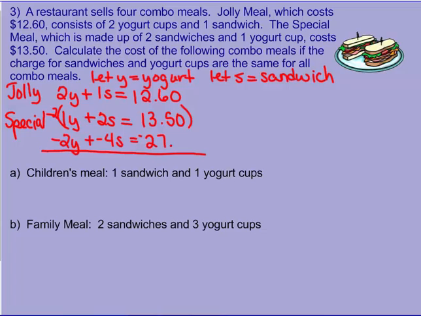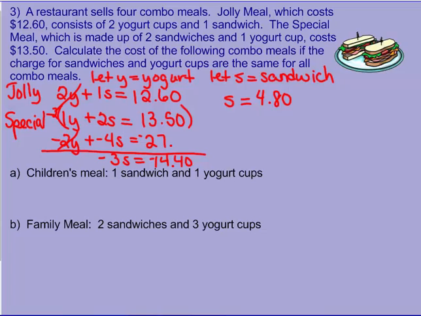So combining those, I get -3 sandwiches equals -1440, maybe. So a sandwich, dividing both sides by -3, I get a sandwich equals 480.